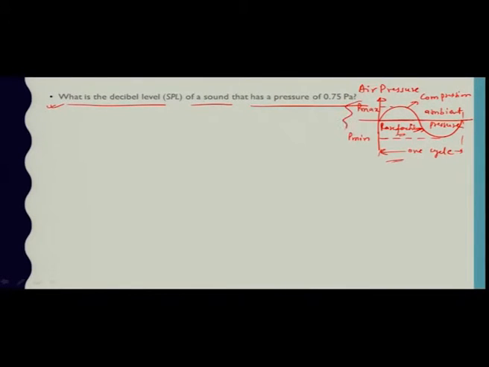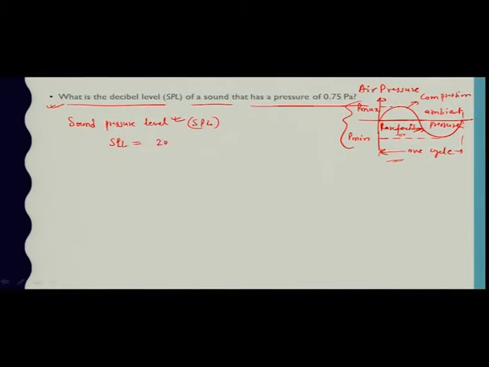Amplitude can be calculated from the difference between the maximum and minimum air pressure of the oscillation, and sound pressure level is measured as a logarithmic measure of sound intensity. There is one formula which we learned while discussing the theory of this topic.